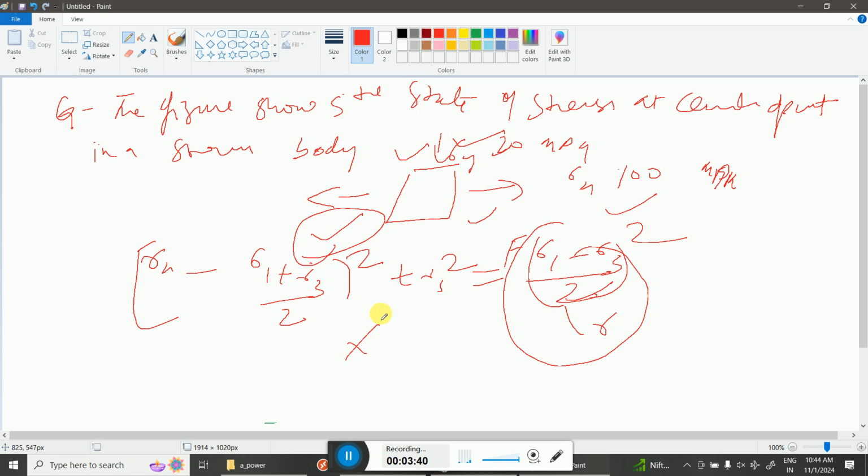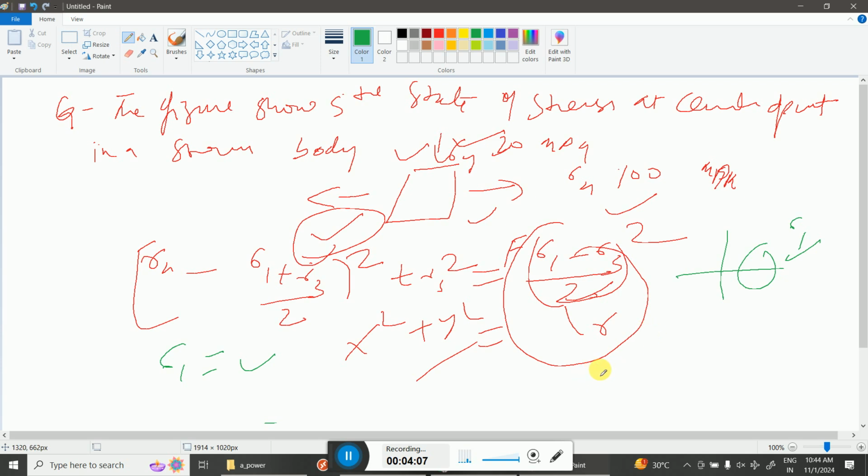This is the x square, this is the y square. So what will you do? Sigma 1 is always on the right side. Suppose that this is the Mohr circle, then this side is sigma 1.